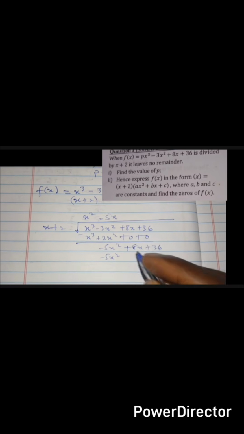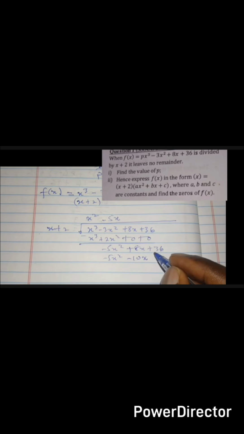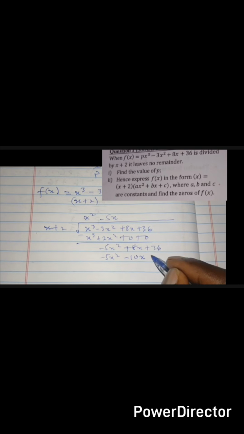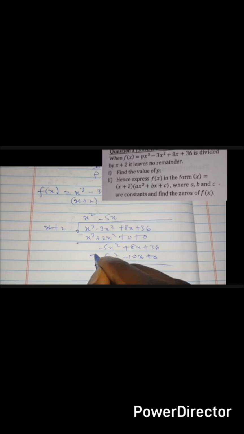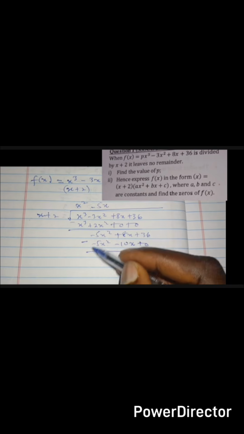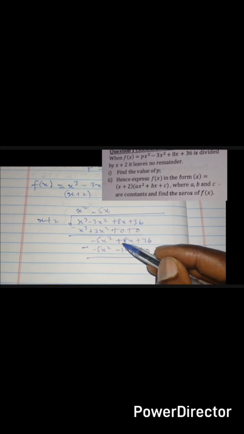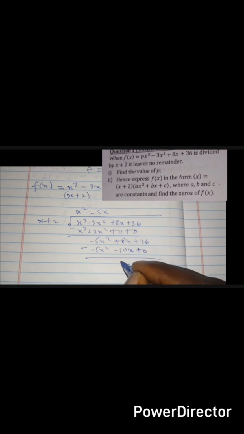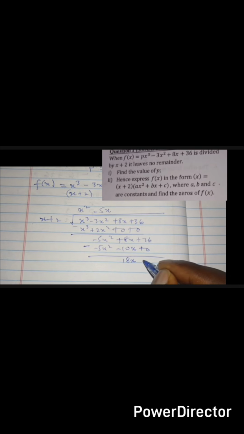Minus 5x times 2 is minus 10x. Now, okay, this one will be 0. So 8 minus minus 10 will be positive 18x.